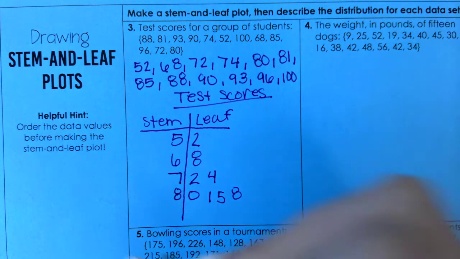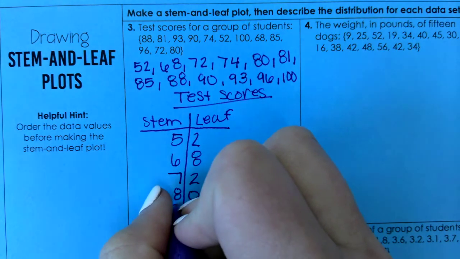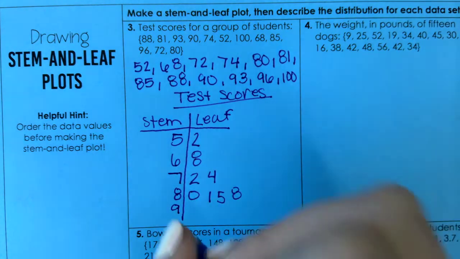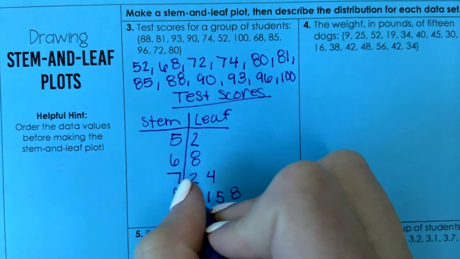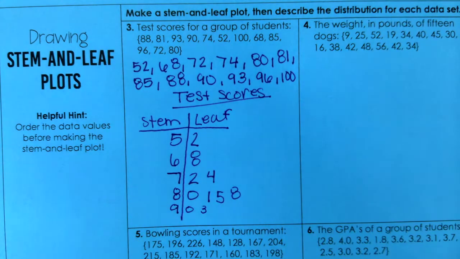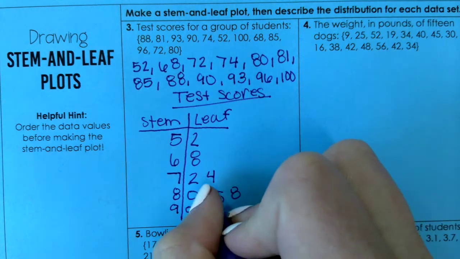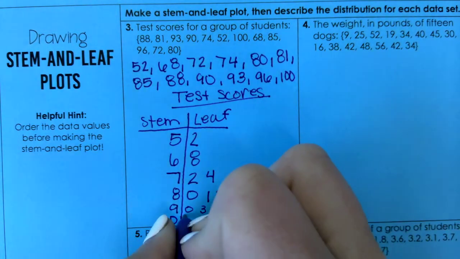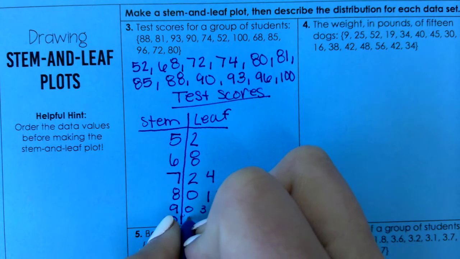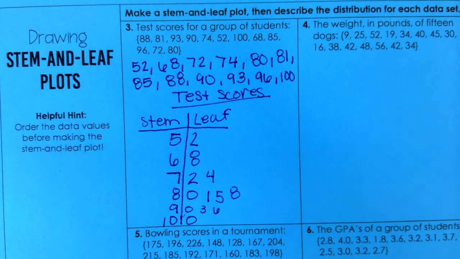What's next? 90s. So I have 90. What comes after that 0? 3. What comes after that 3? Okay, and then comes our hundreds. So our only value in the hundreds is 100. So I write 10 and then a 0.